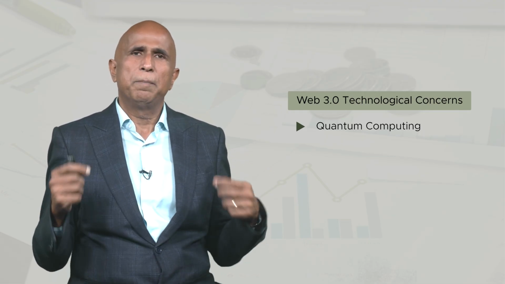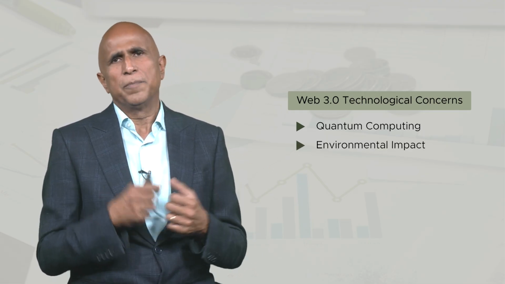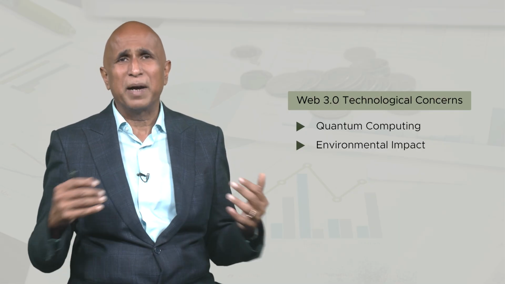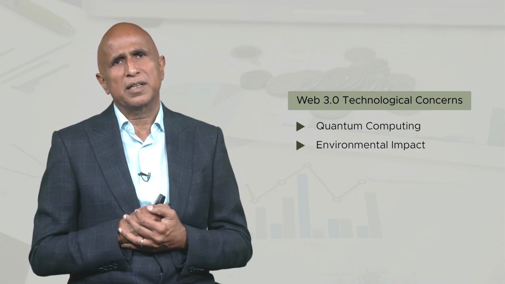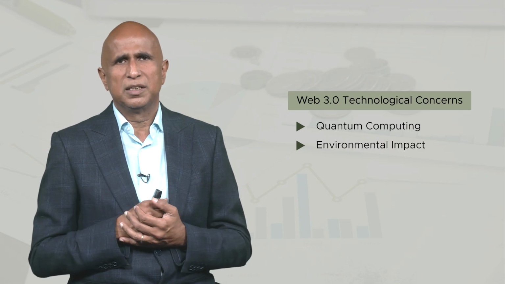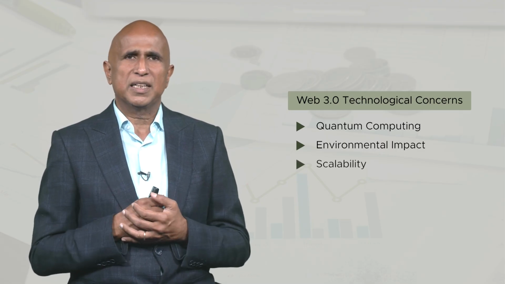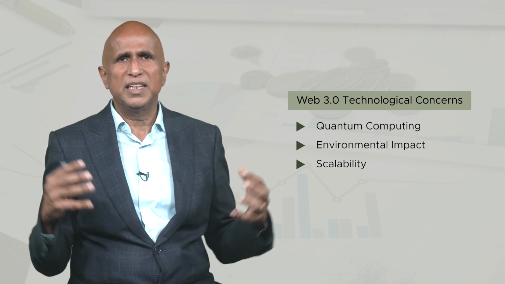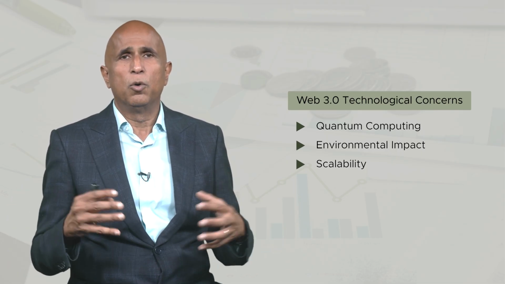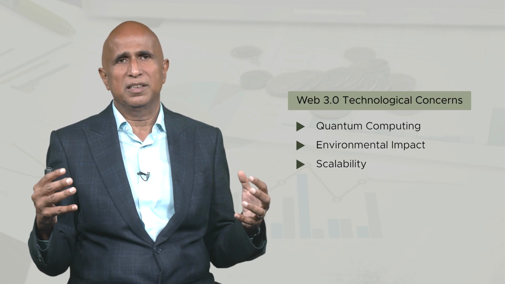Two is many Web 3.0 technologies, particularly blockchain and mining of blockchain, have been criticized for their environmental impact due to high energy consumption. Scalability is another concern. As decentralized networks grow, there is an increasing need for them to handle more and more transactions per second.